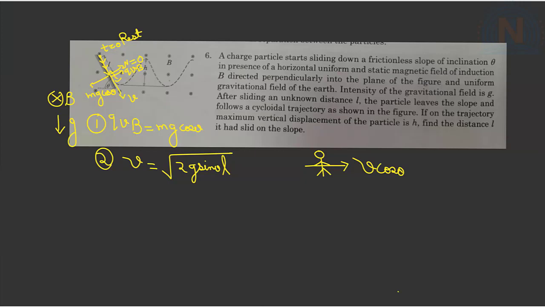From his frame, the E will change, and the new E, you know that the new electric field which will come will be the previous one, which was nothing in this problem, plus an additional term of V cross B. This is the additional term because of transformation of field, V cross B term.